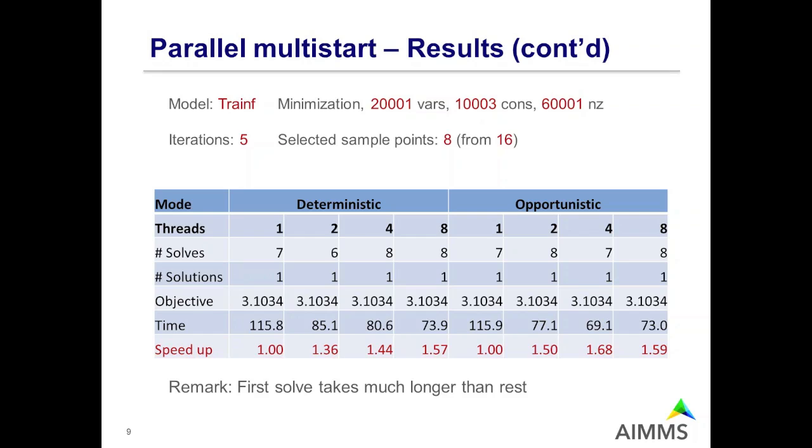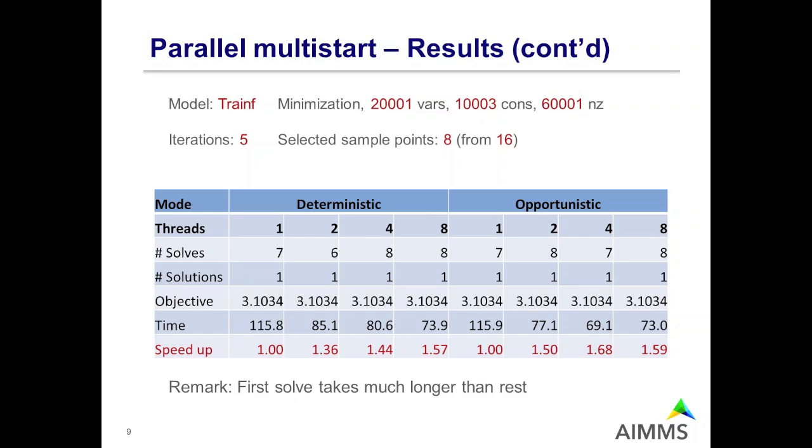But we also see that in this case, the speed up by using more threads is limited, and there's a good reason for that. Namely, the first problem that is solved, the first point that is used, takes much longer than the other solves.